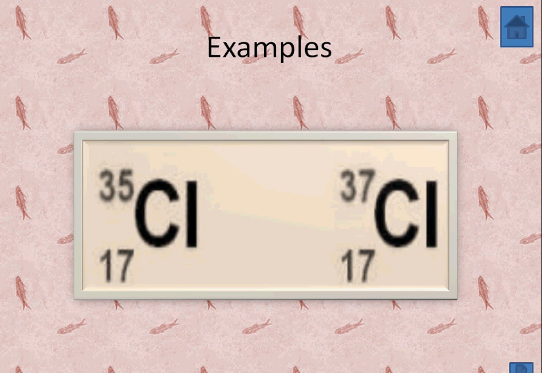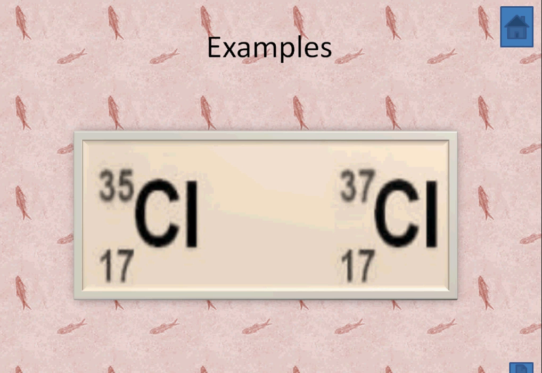And let me give you one more example which I have given you in the first rough note in the first section, which is the isotope concept. These are the 2 isotopes of chlorine, Cl35 and Cl37.